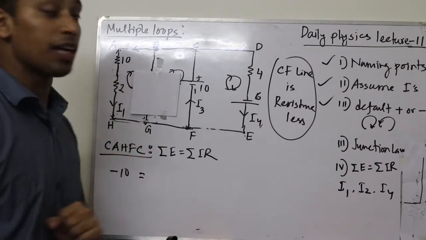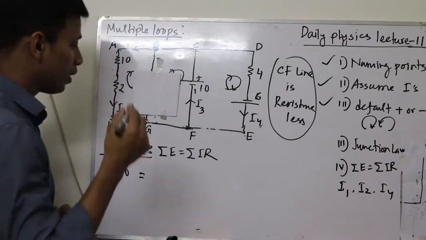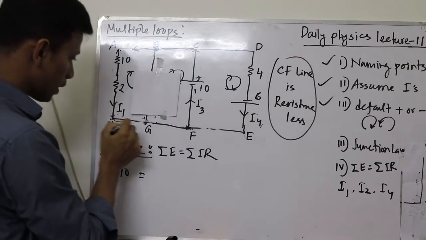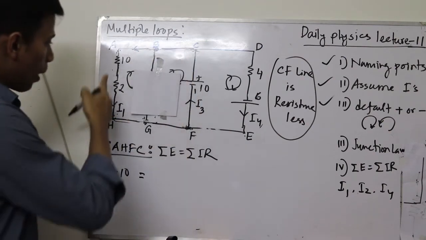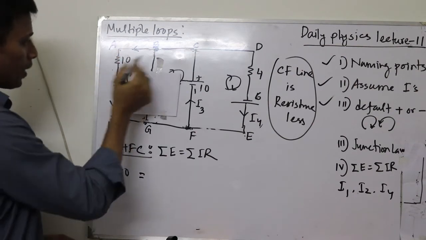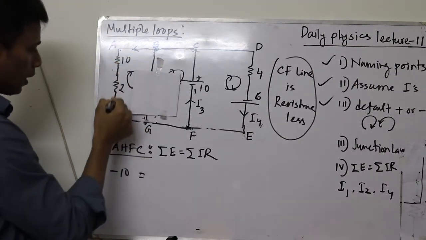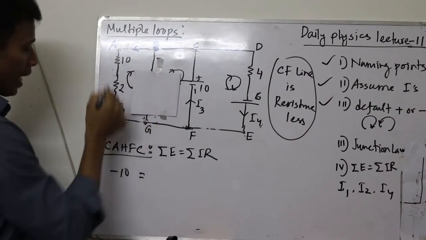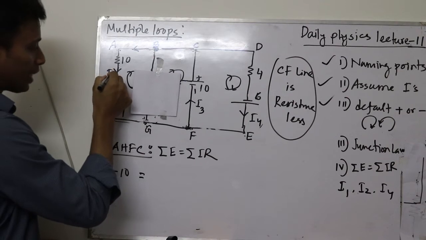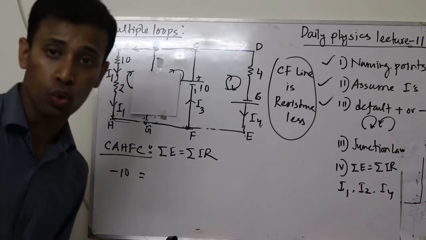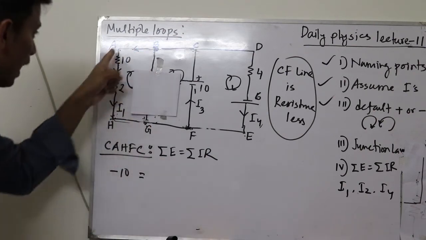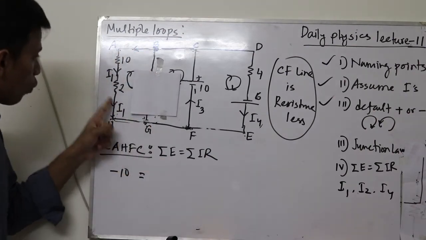Now the right side, summation of IR. How many resistances do we have? One resistance, two resistance, no resistance. So we have only two resistances. What is the current flowing through 10? Through this line BAHG, the current is I1. So I1 will flow through 10 and I1 will also flow through 2. So 10 and 2 are both in the same line, and the current through both will be I1.